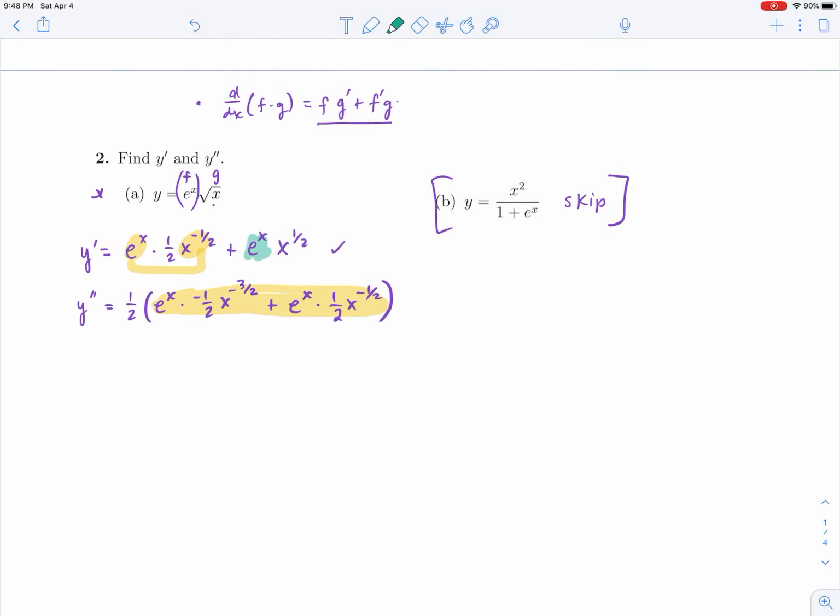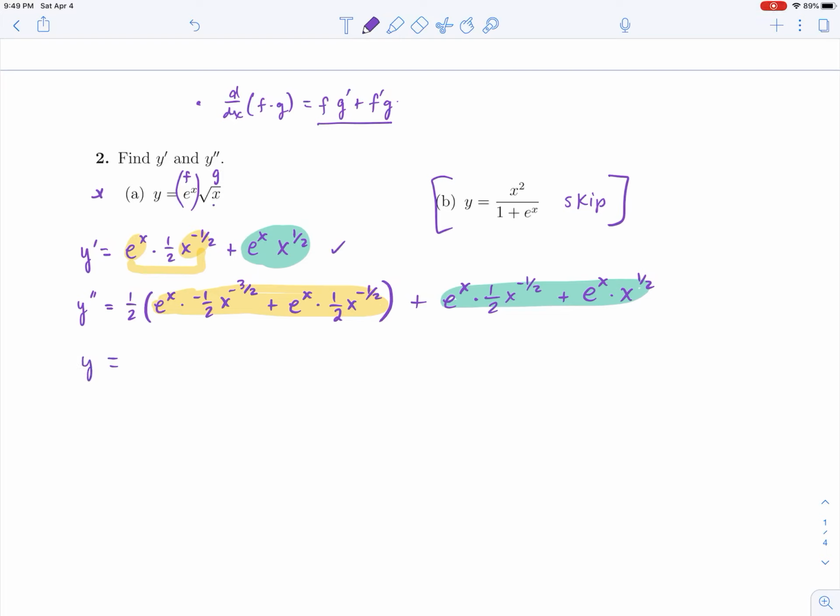So then for the second part, we're going to take the derivative of this product, and then that's going to give us plus e to the x times the derivative of x to the 1/2, which is 1/2 x to the negative 1/2, plus derivative of e to the x, which is e to the x still, times just x to the 1/2. So that right there is our green. And then we just need to clean this up a little bit.